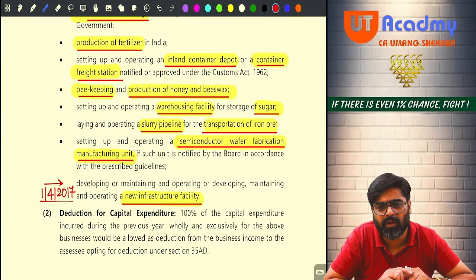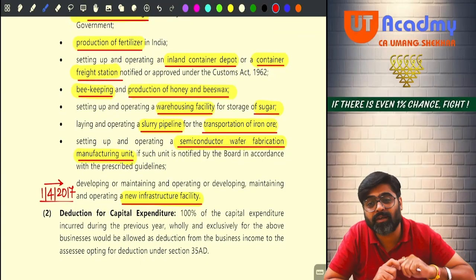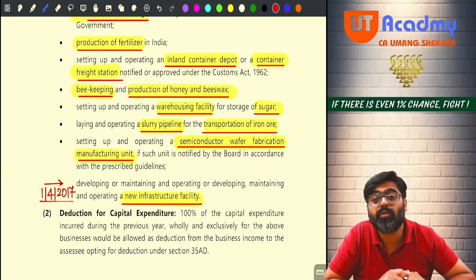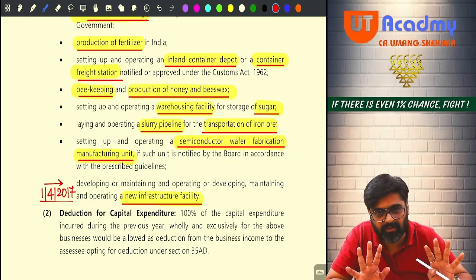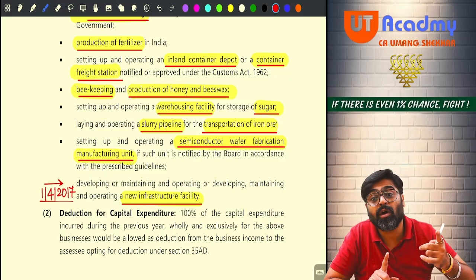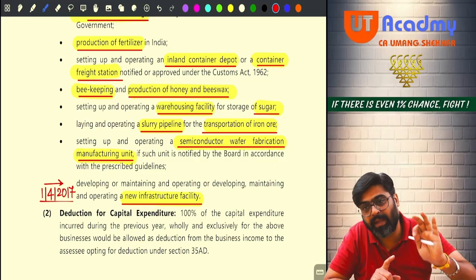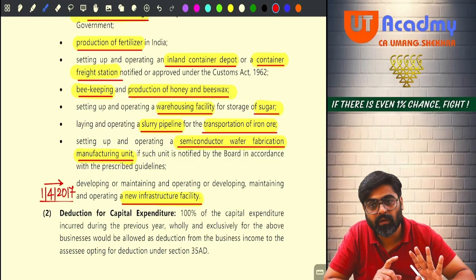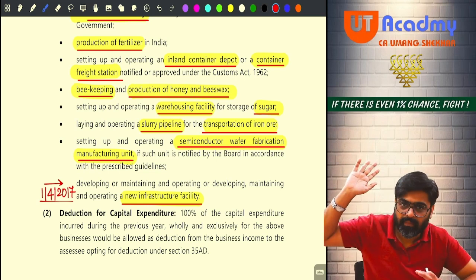Why? Because the last business which was inserted here was on 1st April 2017. After that, no business is there. Any business's date of commencement of operations would be either 1st April 2017 or prior to that.